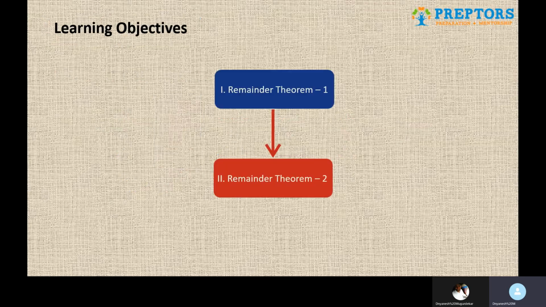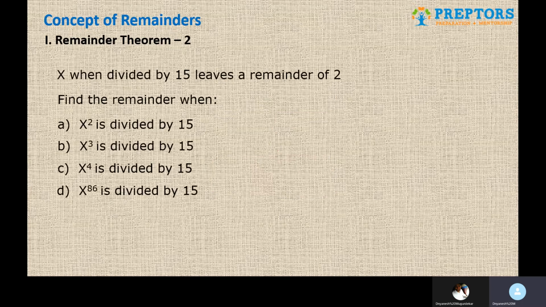Now, whatever theory we have learned, let's apply that in solving questions on the remainder theorem. So this is a question that we have: x when divided by 15 leaves a remainder of 2. And as usual, if you remember the central idea, replace the number by remainder. So we are going to replace x by 2, straight as that. And then we have 4 questions as usual.